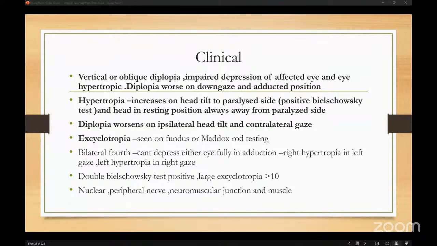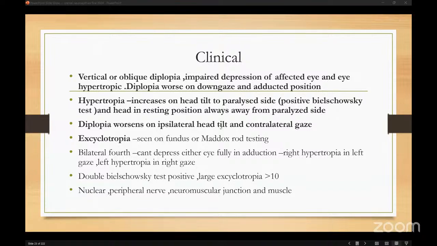Okay. I'll just show some figures, maybe that will help. But at least everybody has understood that this is a vertical diplopia. This vertical oblique diplopia, the eye is not going down, so depression is impaired, and the eye remains in the high up position. Okay, so it is a hypertropic eye.